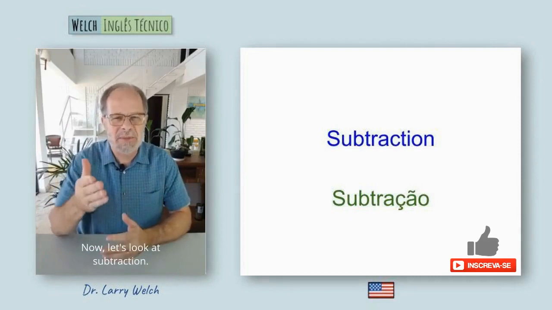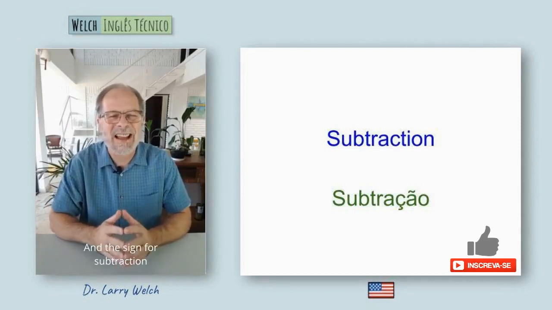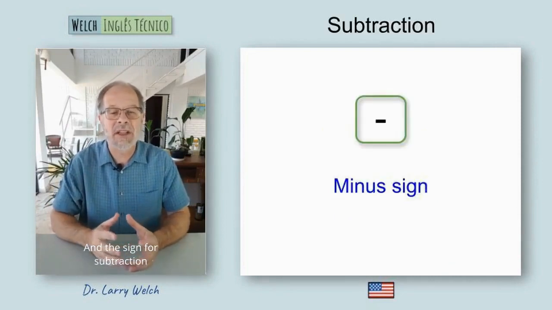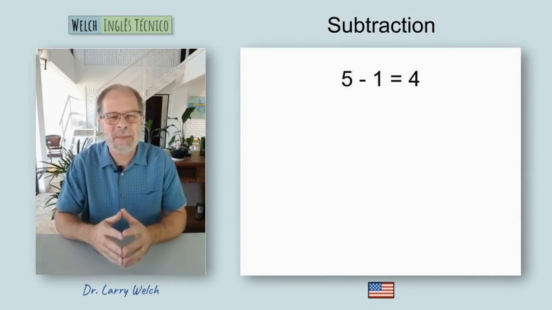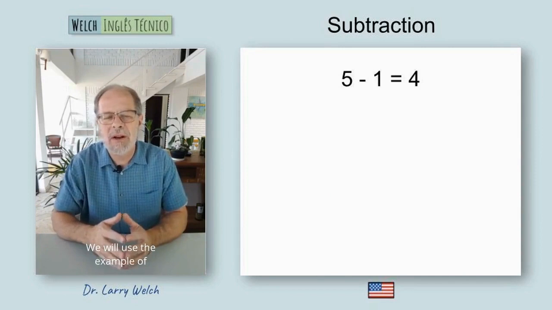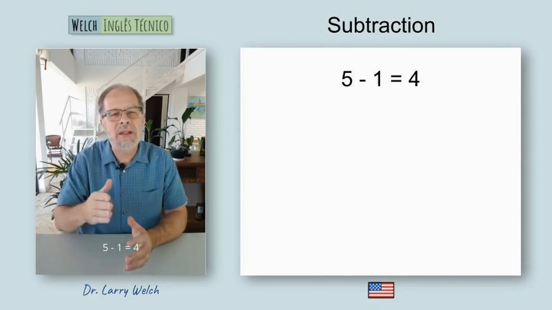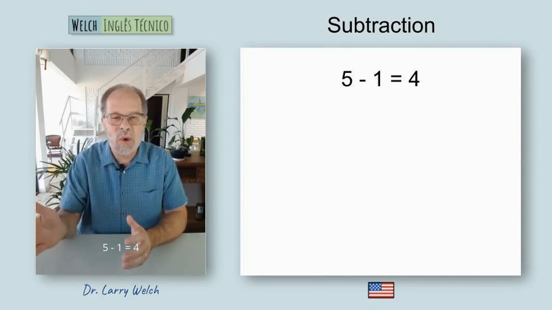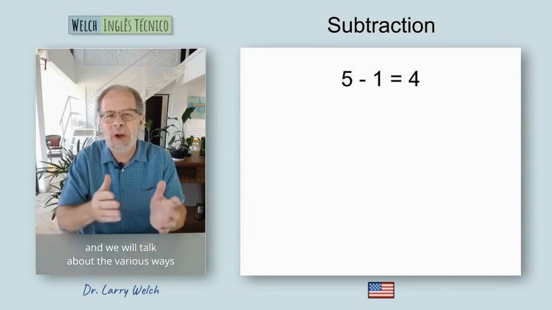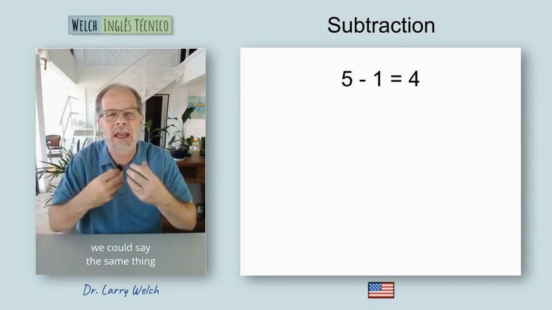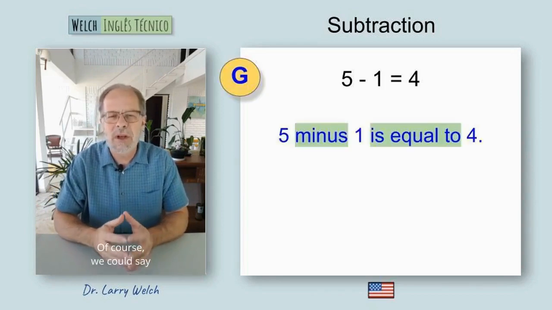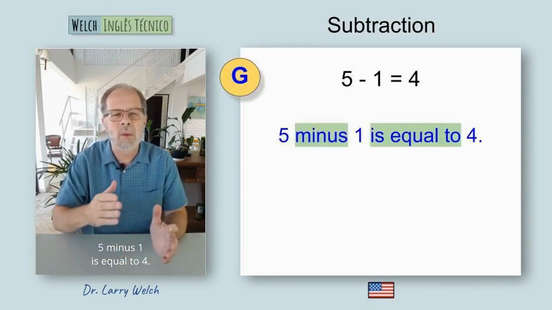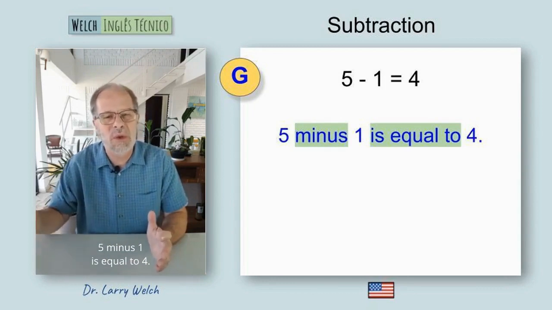Now let's look at subtraction. And the sign for subtraction is the minus sign. We will use the example of 5 minus 1 equals 4. And we will talk about the various ways we can say the same thing in English. Of course, we could say 5 minus 1 is equal to 4.